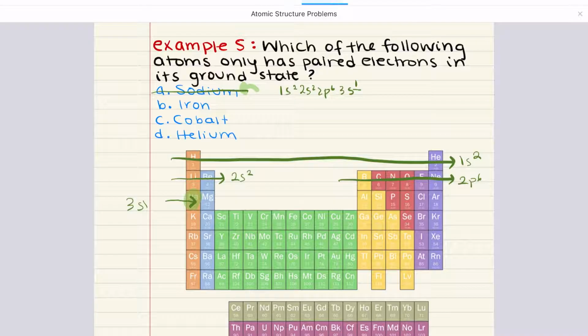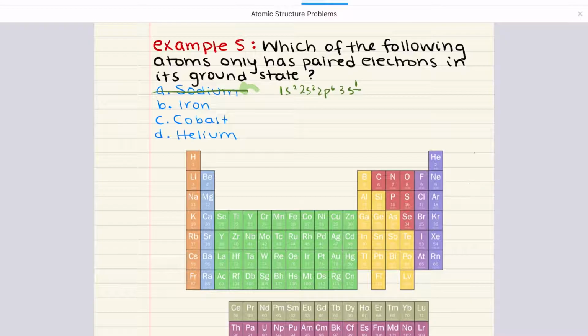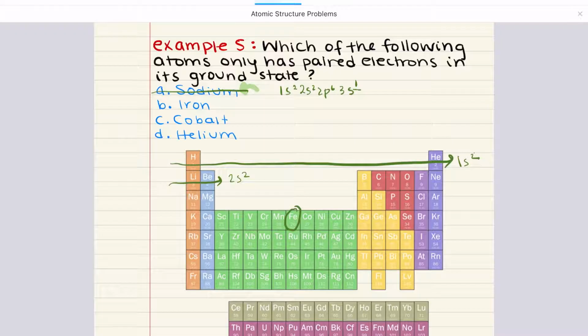All right, next up is iron. So let's erase this really quickly and identify where iron is on the periodic table. It is right here. So let's figure out the electron configuration. We have 1s2, 2s2, 2p6, 3s2, 3p6, 4s2, and then 3d1, 2, 3, 4, 5, 6, 3d6.